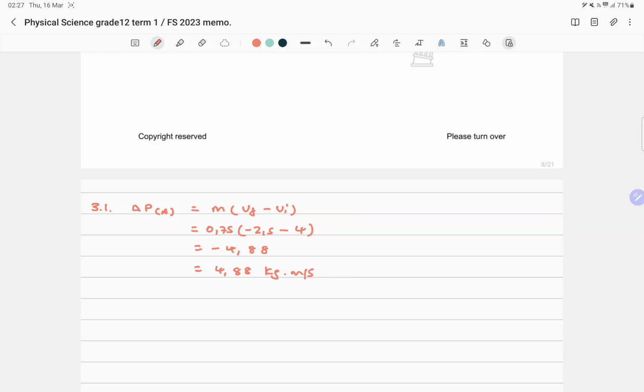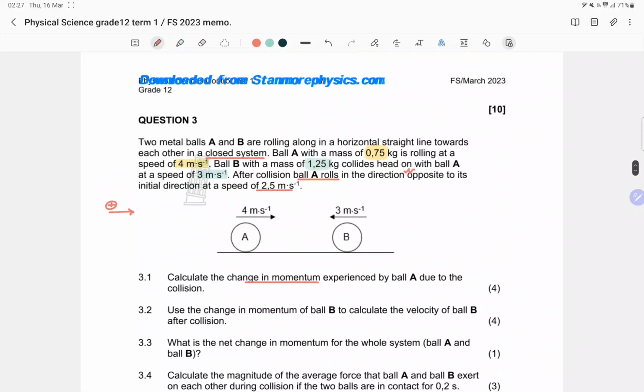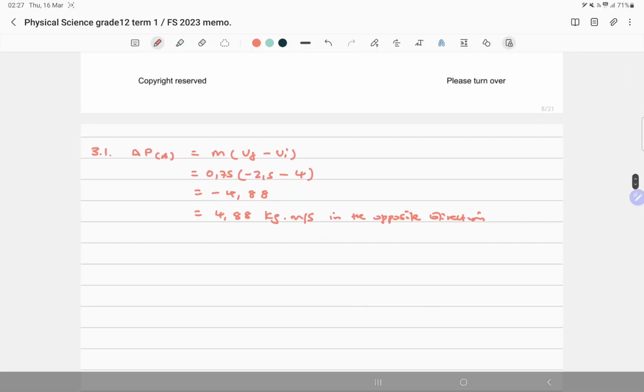Now, remember, in the opposite direction. Remember, this ball was moving east. So you could easily say west.